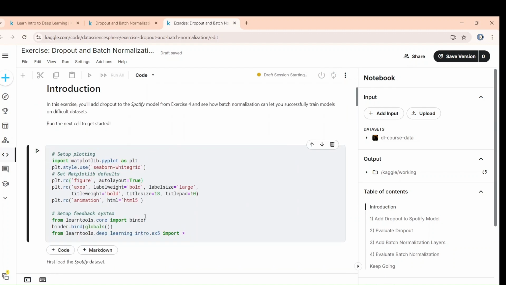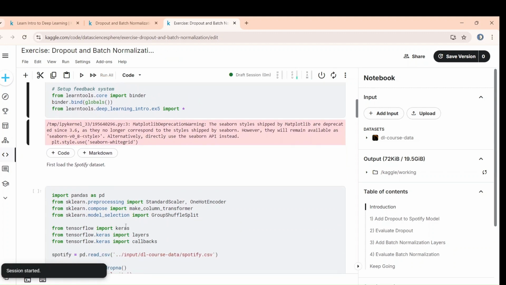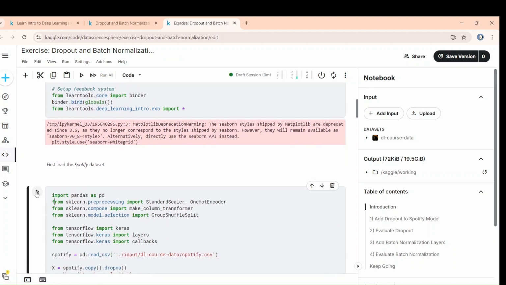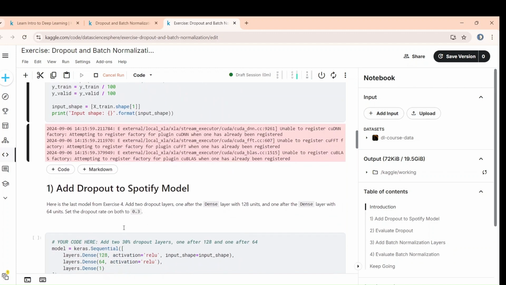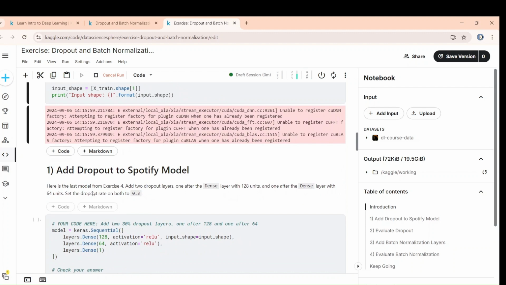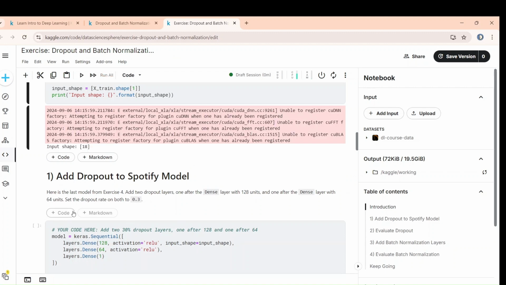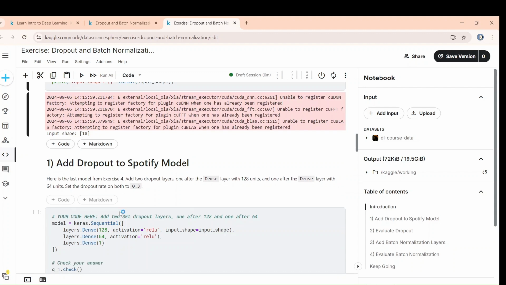It's taking time. It's done. Okay, now let's run this. Here is the last model from exercise 4. Add two dropout layers, one after the dense layer with 128 units and one after the dense layer with 64 units, with dropout 0.3, 30% dropout.